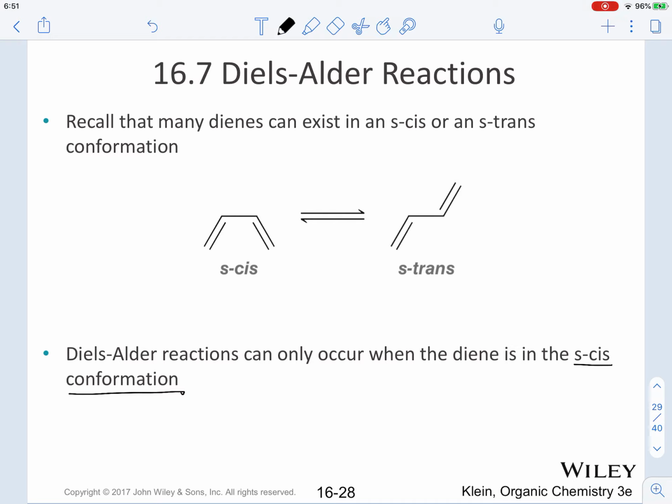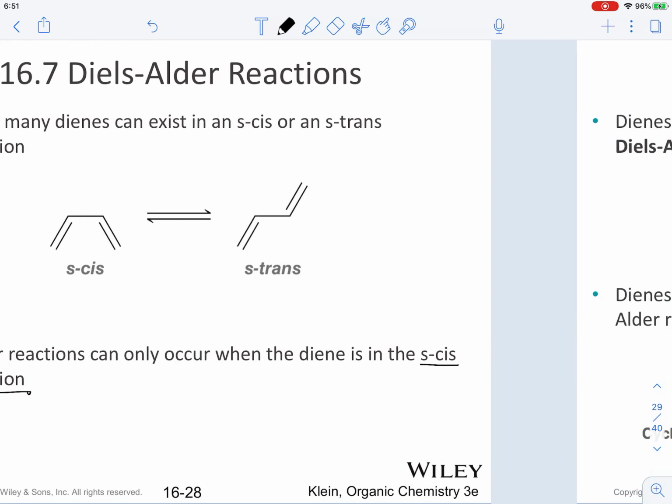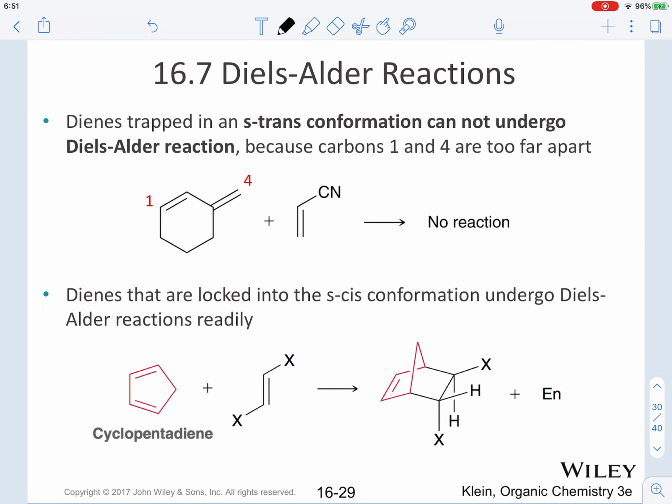An S-trans diene will not undergo a Diels-Alder reaction. So understand that if you have a particular diene that is trapped in an S-trans conformation, it is not going to undergo a Diels-Alder reaction.